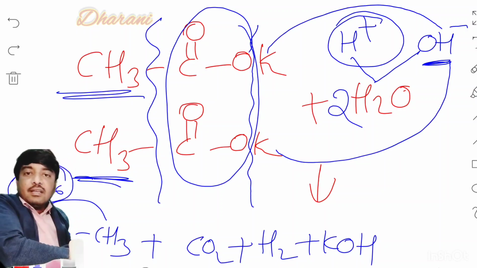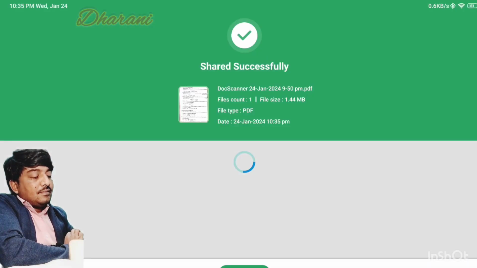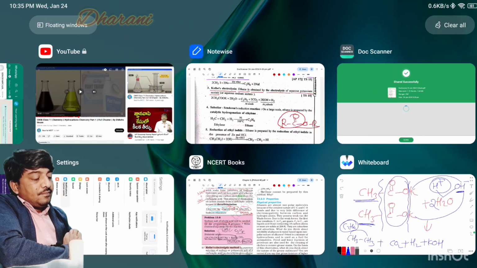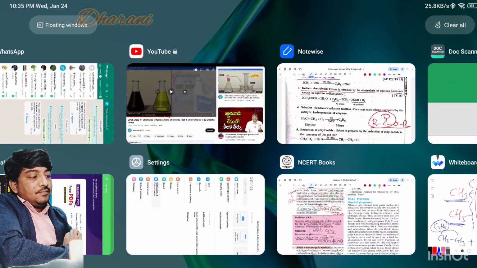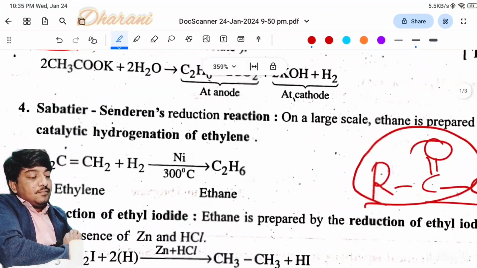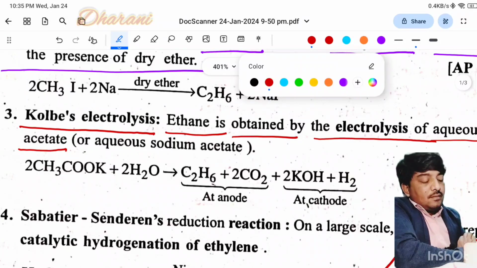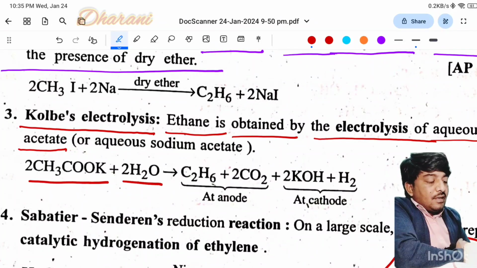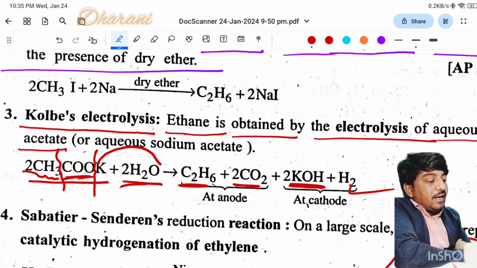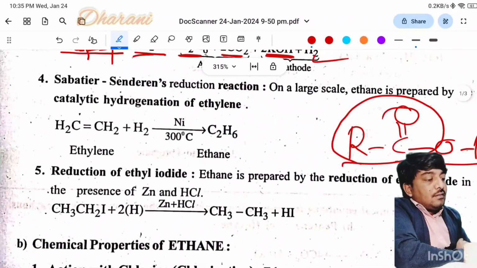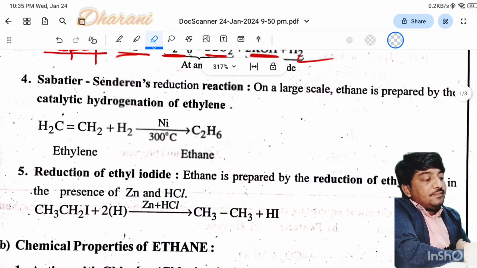This reaction is known as Kolbe's electrolysis. See the reaction: CH3COOK on hydrolysis, cut like this, gives C2H6, CO2, KOH, and hydrogen. Very important for a 2 marks question.